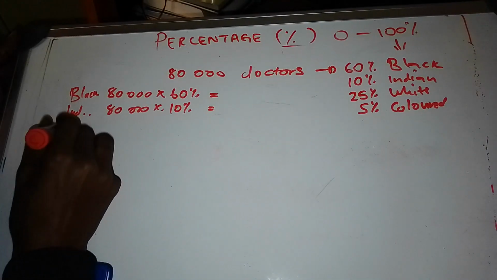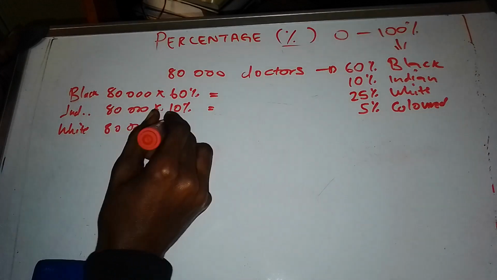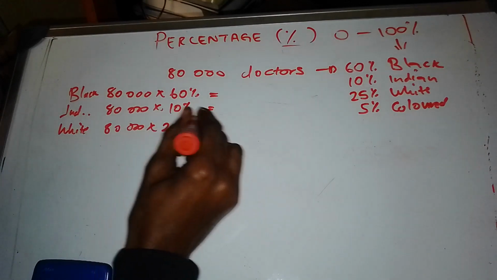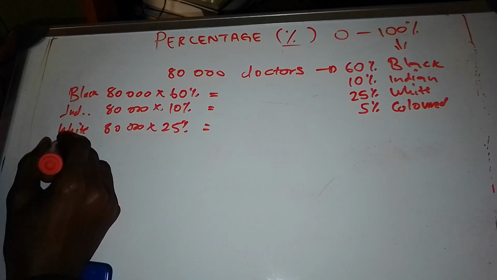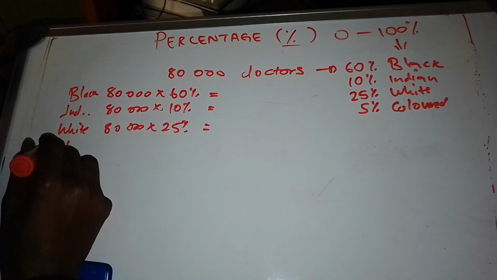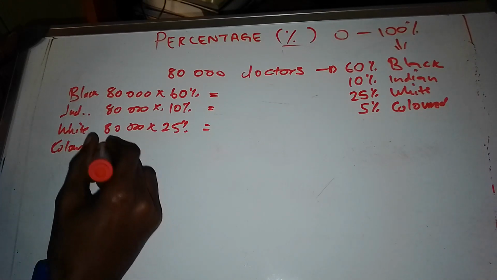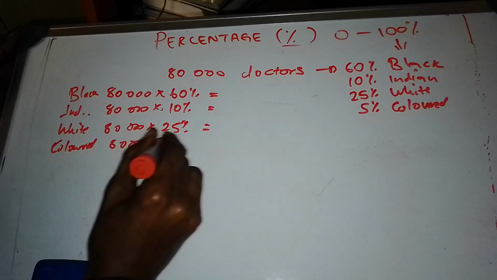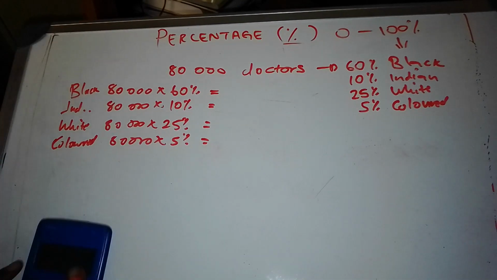Then for whites, you will say 80,000 times 25%, which represents whites. And then for coloreds, you will say 80,000 times 5% is equal to.